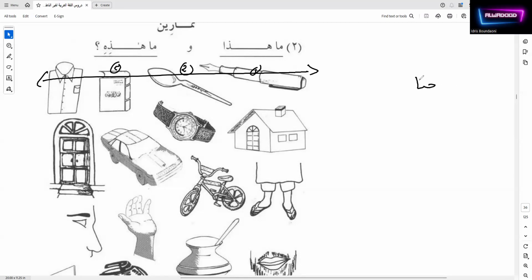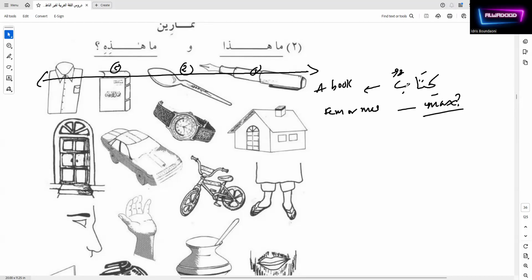So let's pick number 3 here. كتاب. A book. Now, first, I need to determine, is it feminine or masculine? I would say it's masculine. Why? Because it doesn't have any تاء مربوطة at the end. And by experience, it's not classified by the Arabs as a feminine object.